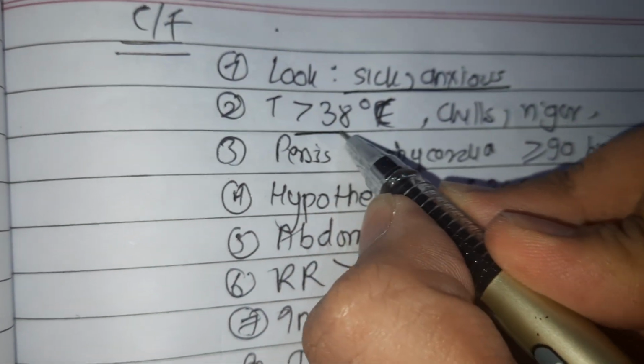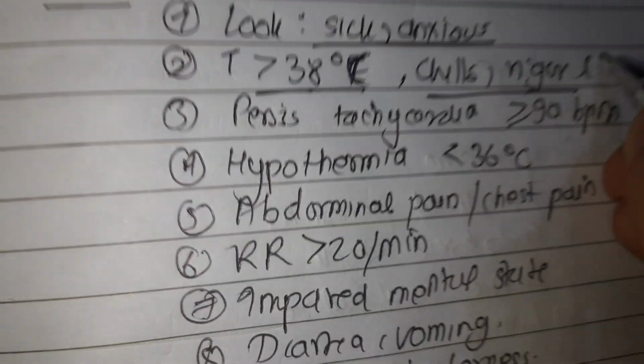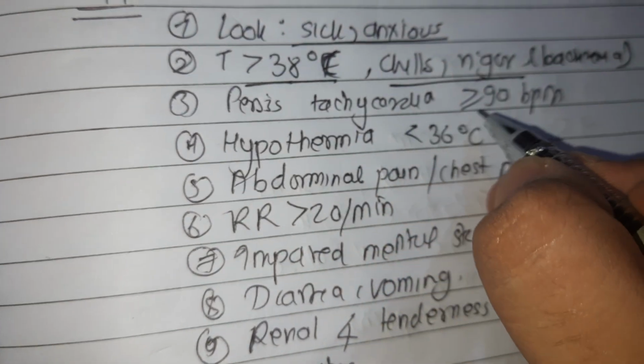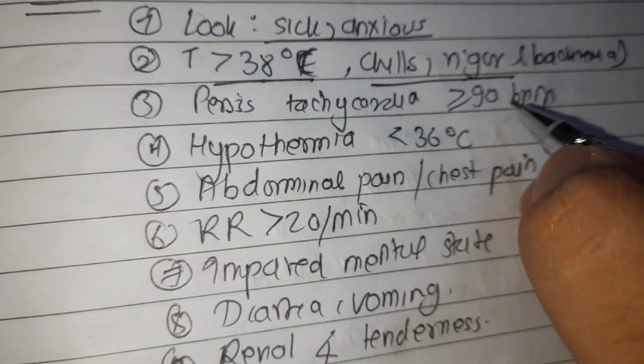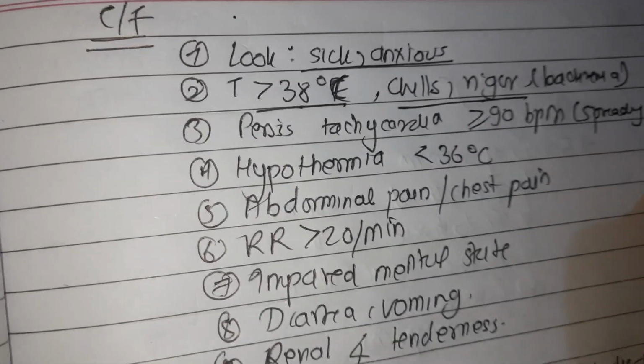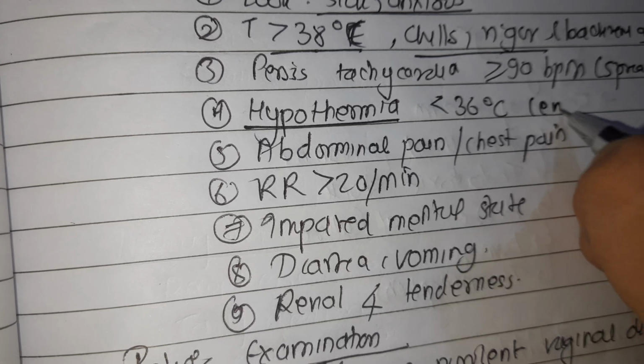The temperature rises to more than 38 degrees Celsius with chills and rigor, which suggests bacteremia. Persistent tachycardia of 90 beats per minute or more suggests spreading infection. There is hypothermia less than 36 degrees Celsius due to endotoxic shock.